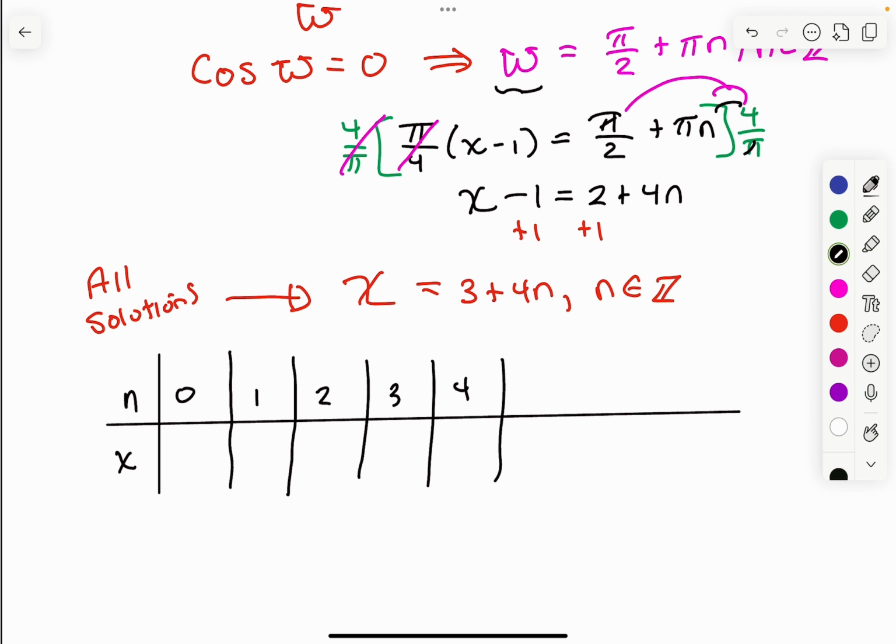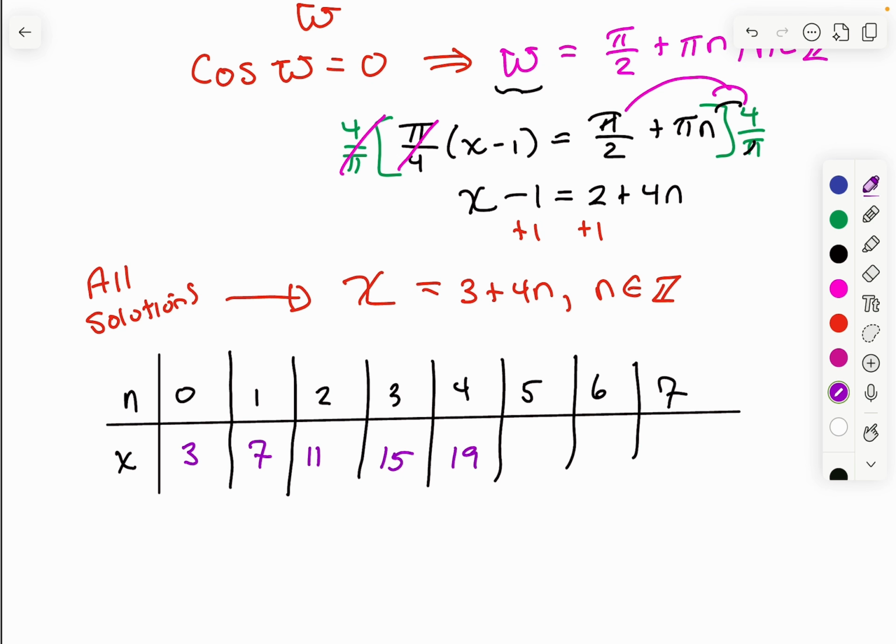I think we'll notice a pattern. When n is 0, it's 3 plus 4 times 0, so we get 3. When n is 1, it's 3 plus 4 times 1, which is 7. And hopefully you can see they're just going to go up by 4s. And 15, 19, and then I'm at 23.